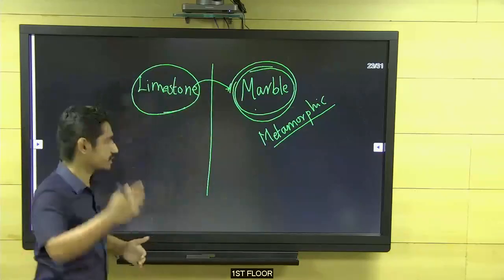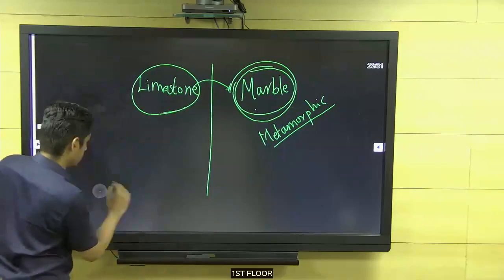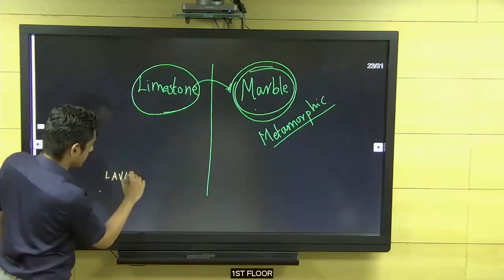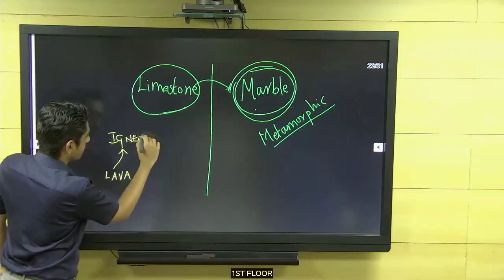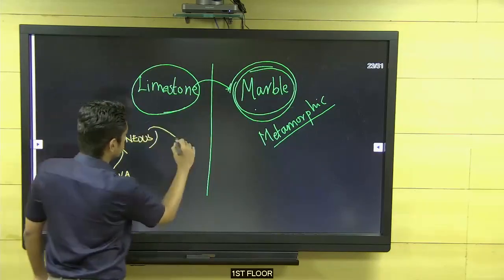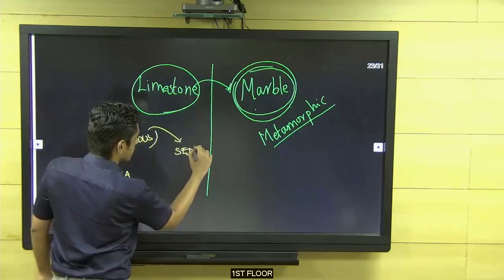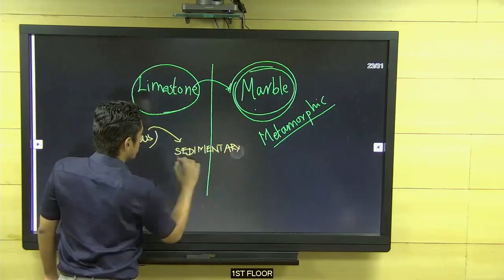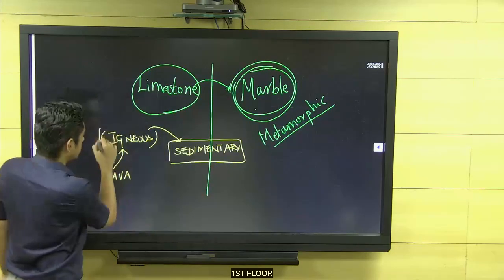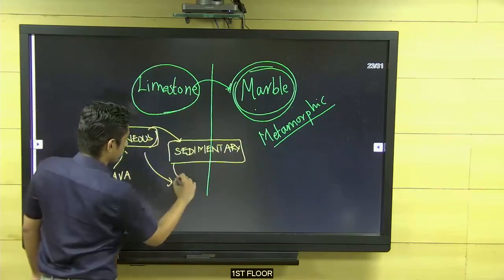So technically you have a rock cycle, meaning you will have lava. Okay, so this molten lava becomes igneous rock, right? So from igneous rock, you can form a sedimentary rock. Both igneous and sedimentary rocks can be converted to metamorphic rocks.